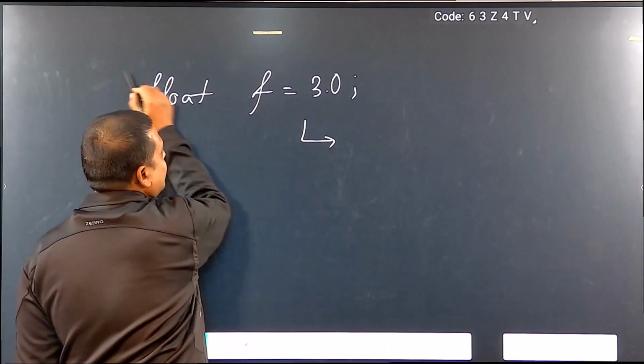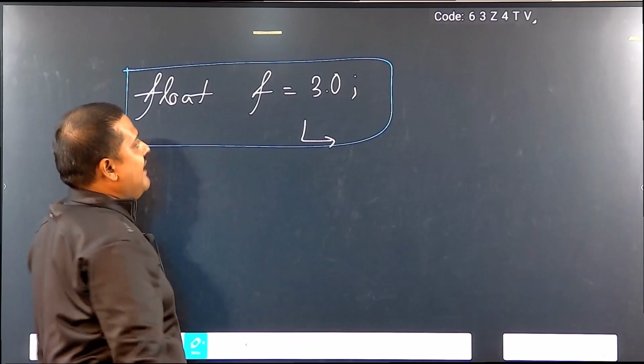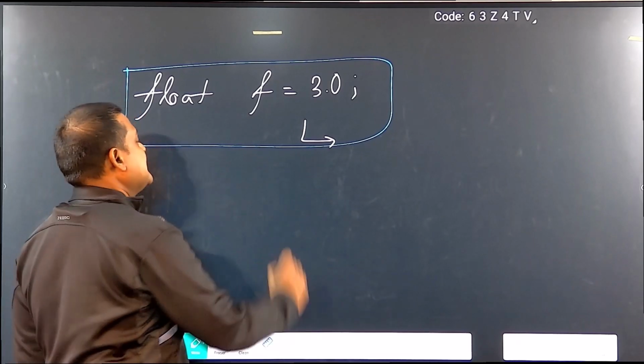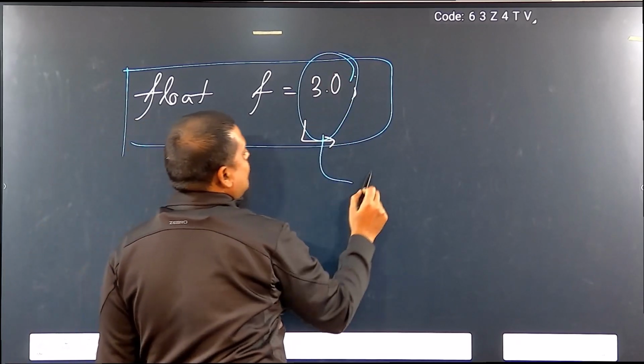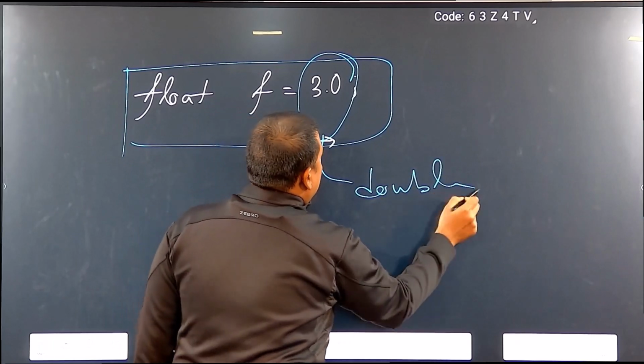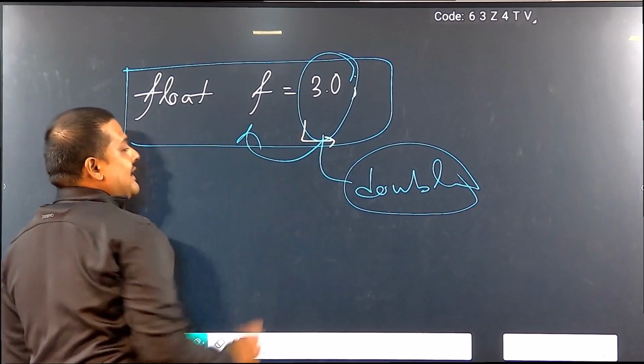Floating point values are another concept. If we write float f = 3.0, the compiler treats 3.0 as a double. As we are trying to store a double here, it will raise a compilation error.